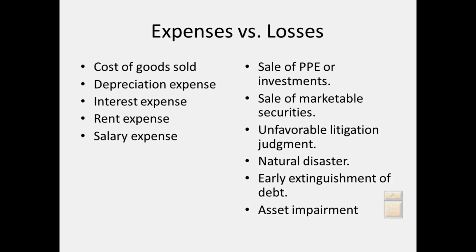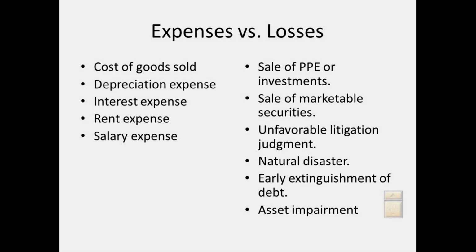Why would you ever sell marketable securities at a loss? Well, sometimes you need the cash whether or not it's a great deal. Sometimes you might want to have a loss, because if you take the loss now, you get the cash now, and then next year you might be able to do something better with it, and you'll end up not having to take the loss then.